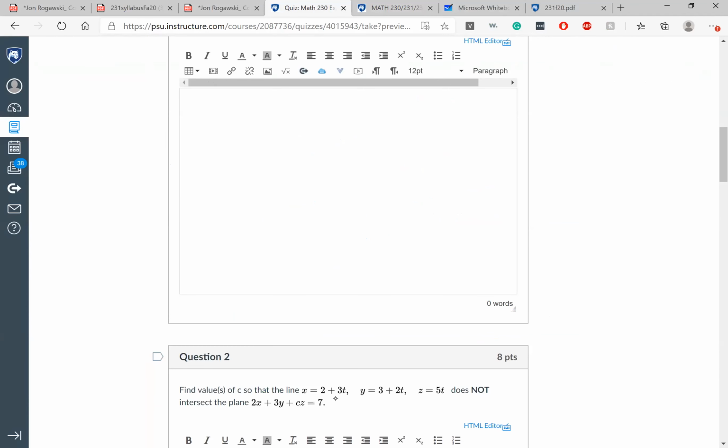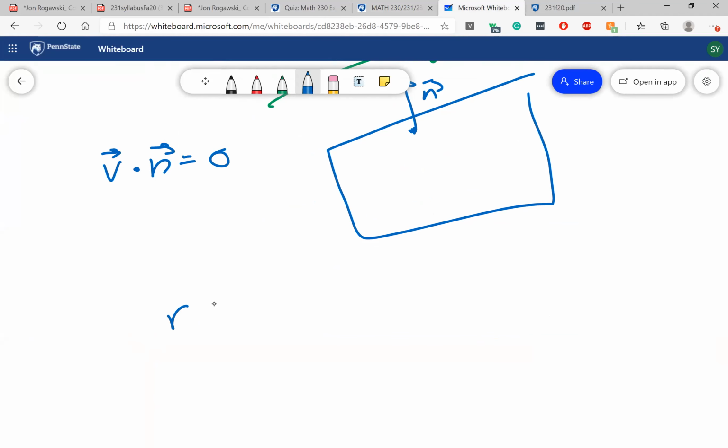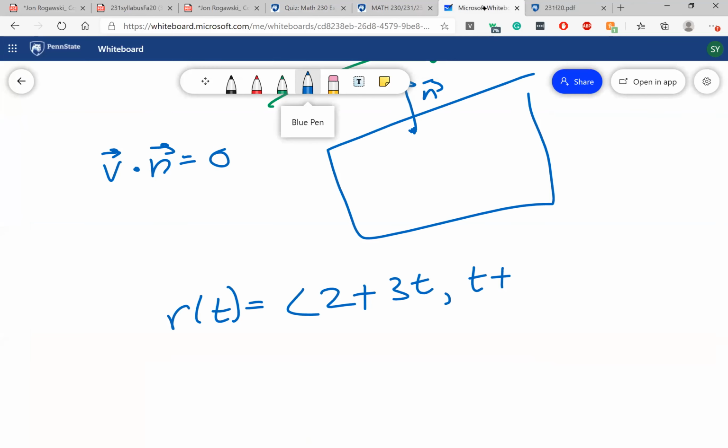So the line is r of t equals 2 plus 3t, 3 plus 2t, and 5t.